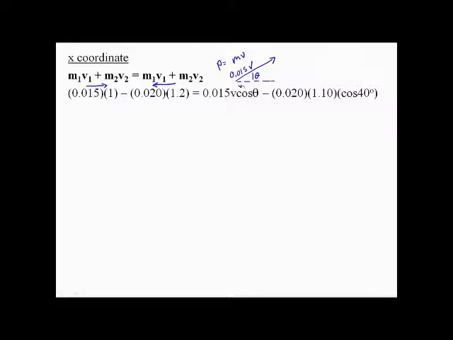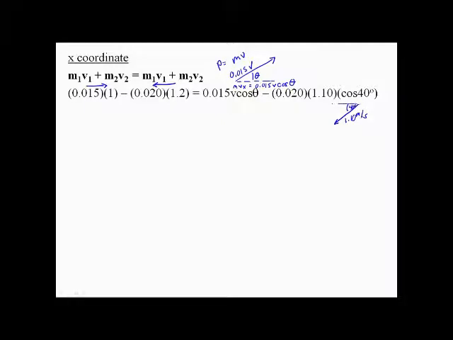So the momentum in the x component would have to be the mass times the velocity times cosine of theta. The other one we knew: the green one was 1.1 meters per second, 40 degrees.